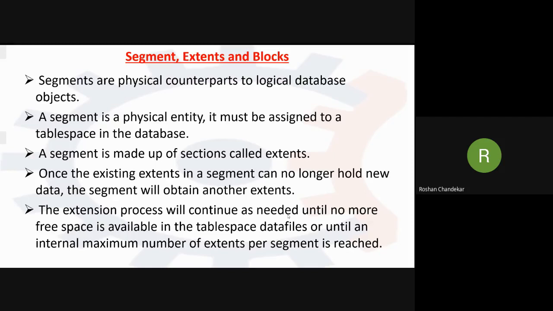Whenever we create an extension in our segment, the process continues until there is no free space available in the tablespace of a data file, or the maximum number of extents per segment is reached. When the maximum is reached, we create the next segment and then the next extent in our data.